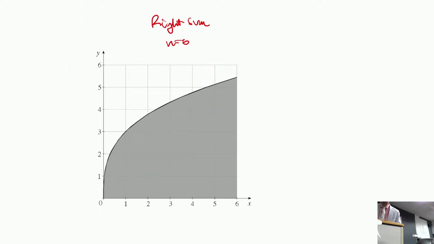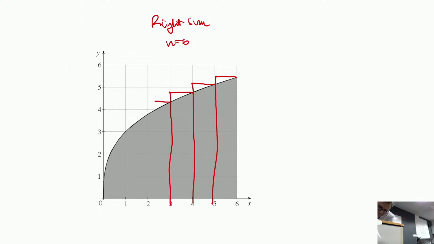One more, right sum n equals 6, and then we'll get to some more formal stuff that we're going to be doing. Well, I guess we could get started with sort of what the picture looks like. And so this will be 3. I'm just going to write it at the top here, because the reason is just 1 across. So it's 3 times 1 plus 3.75 times 1, which is 3.75.